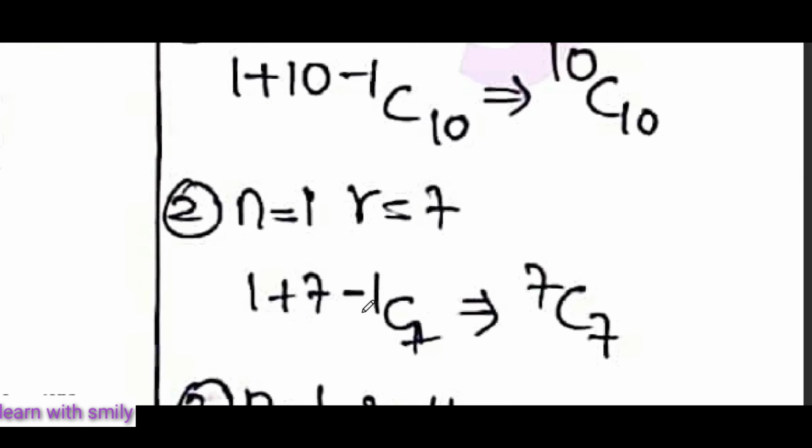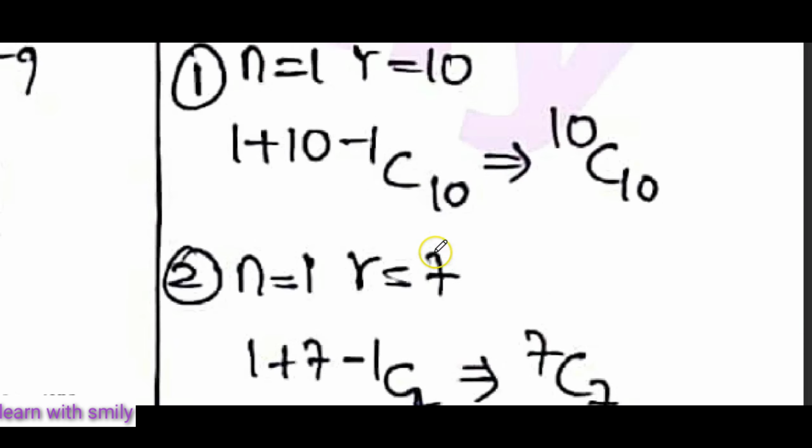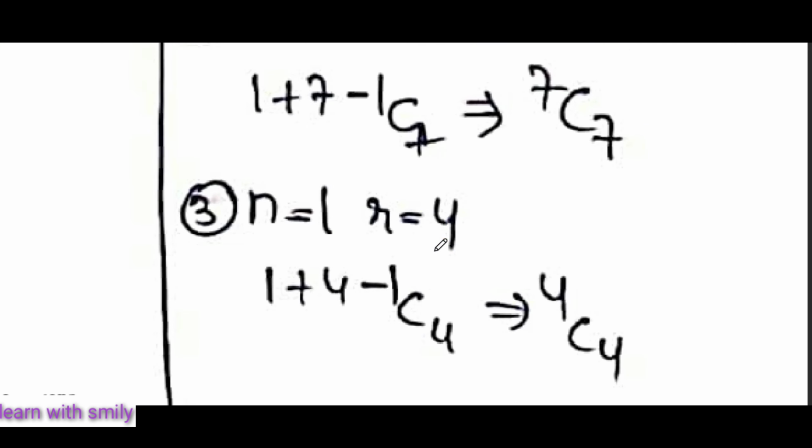Coming to the second problem, n equals 1 and r equals 7, because we are excluding the 2 balls from red and 1 ball from white, and we are considering only the 7 balls of blue. So every time we are excluding and writing the formula for it.